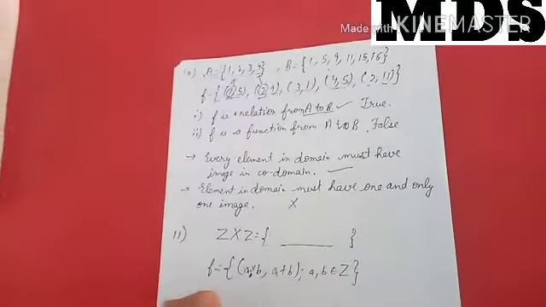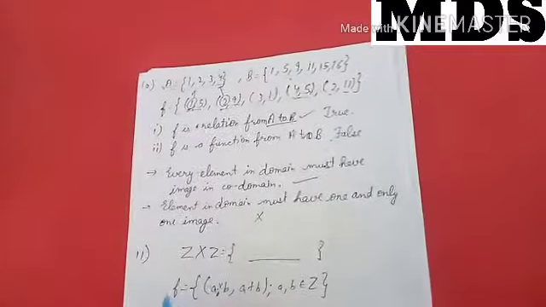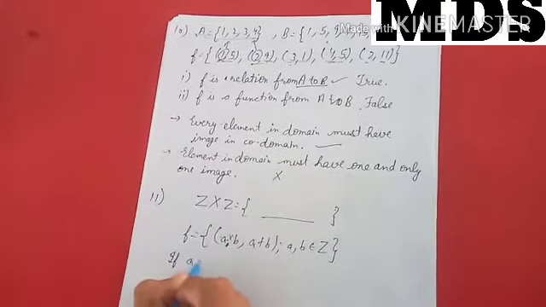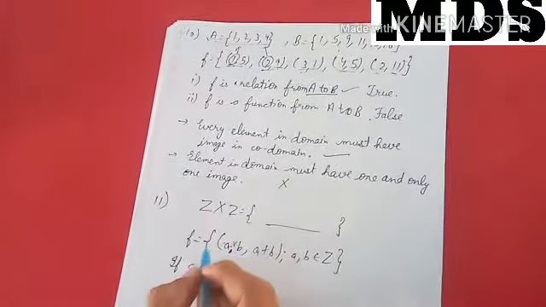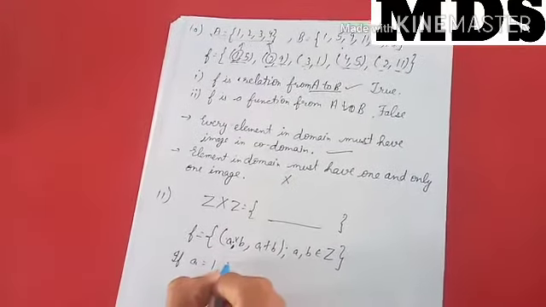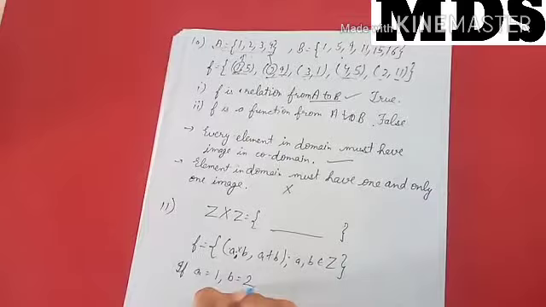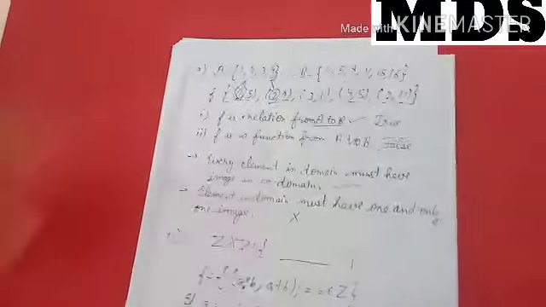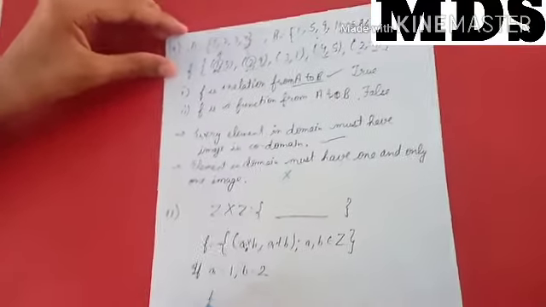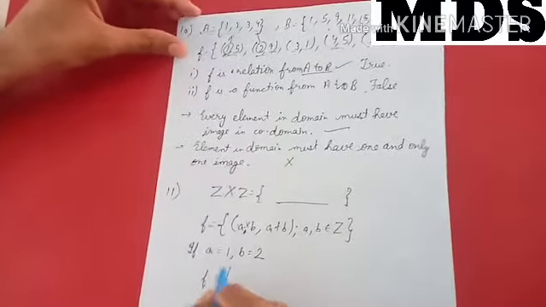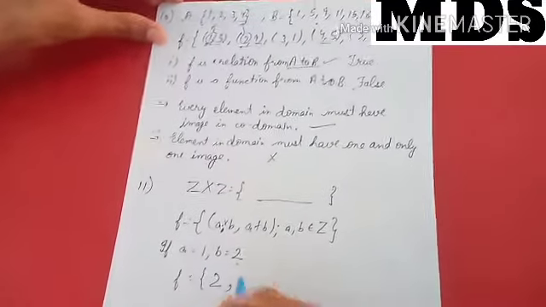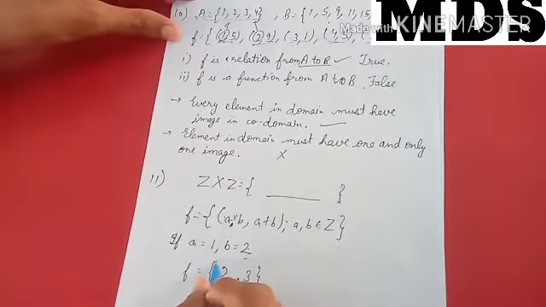Now if I take a equal to 1 and b equal to 2, what will be my f? F will be a into b, that means 2, comma a plus b, that means 3.